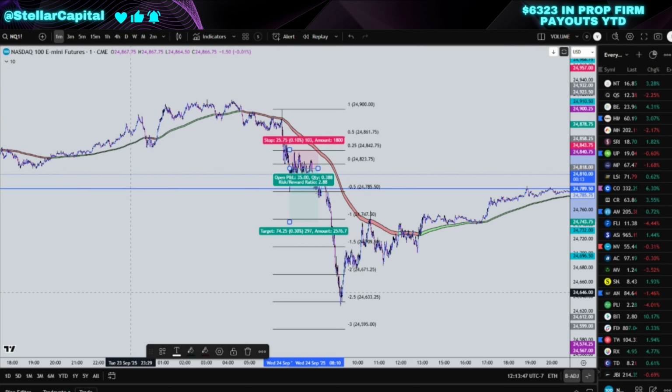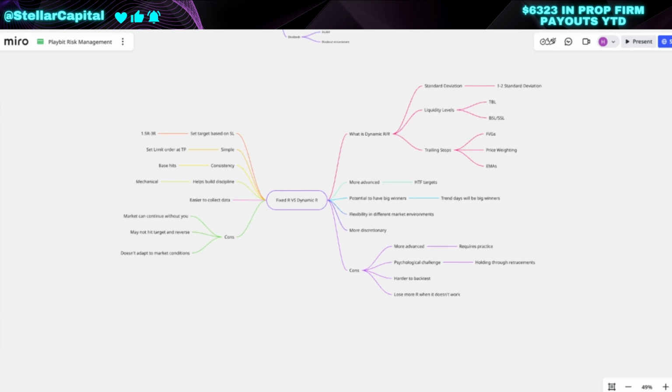It doesn't matter if you're going to catch 100-point moves, 200-point moves, but if you can catch 80, 80, 80, 80 over and over, that's what's going to build confidence and consistency. It's going to help you build data as well because you're going to take more trades and continue to stack.